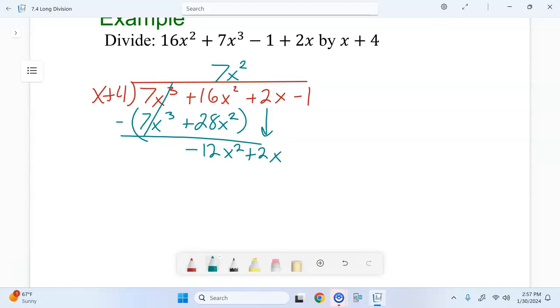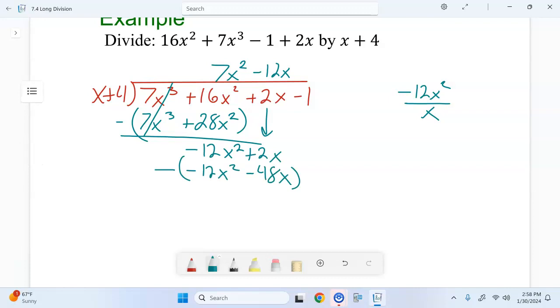What's getting divided? Negative 12x squared divided by x. Negative 12x. Then we multiply. And then negative 12x times 4. Minus 48x. Those cancel.